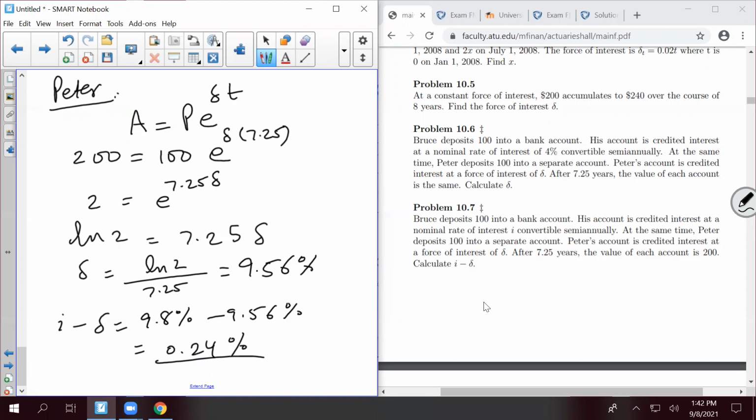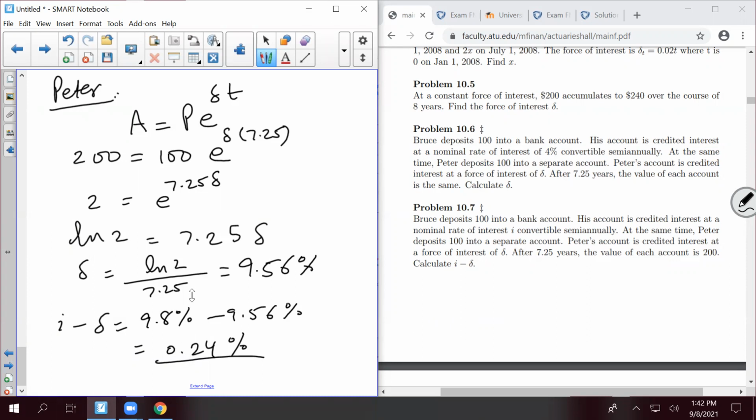They both deposited 100 and they both collected 200 after 7.25 years. So one of them had an interest rate that was convertible twice a year. The other had a continuous one. So what we are seeing is that the one who had it convertible twice a year needs to be a little bit higher compared to the other one in order to be equivalent.